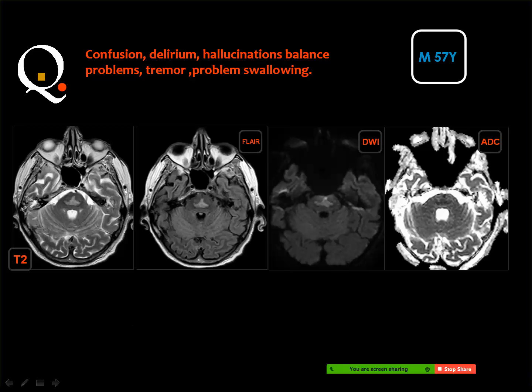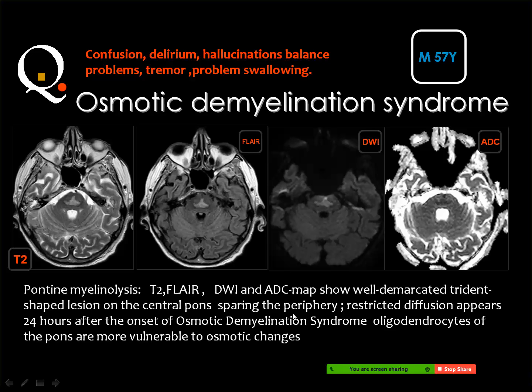This is central pontine myelinolysis, and you see the Mexican cap, and also you can see some diffusion restriction. And I said in my lectures that these lesions do not show diffusion restriction, and this is good for the chronic lesions, but the acute onset lesions will show diffusion restriction, as you can see here.